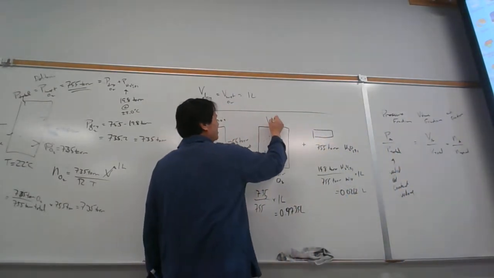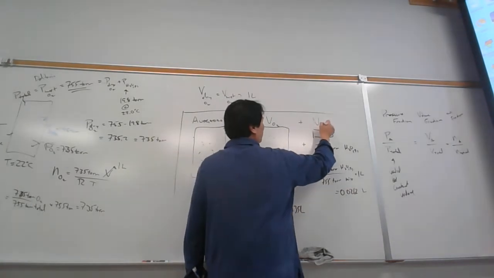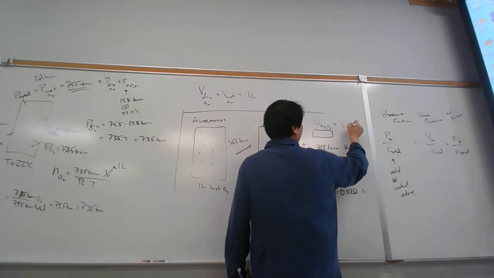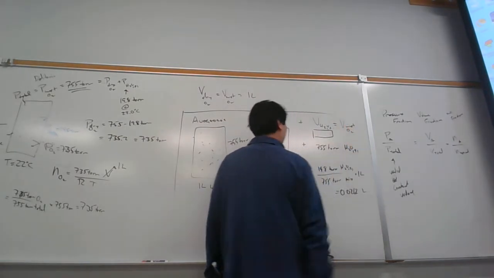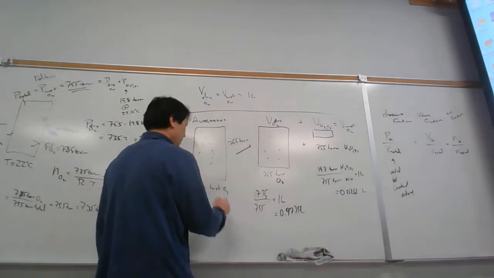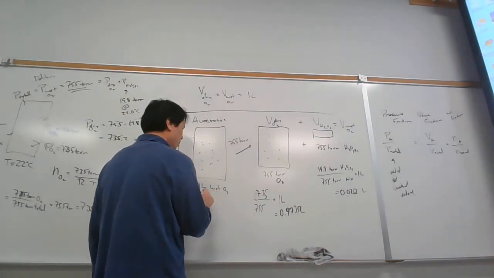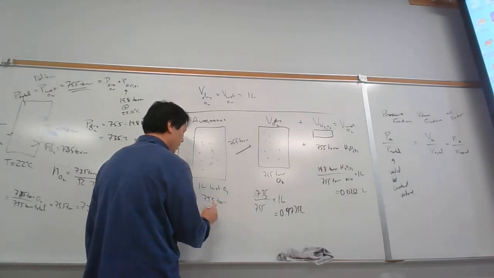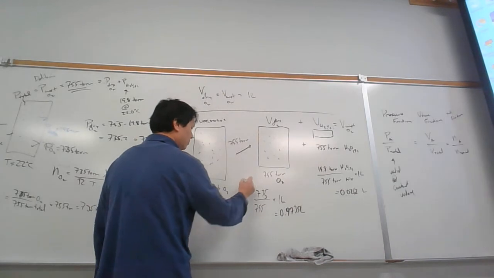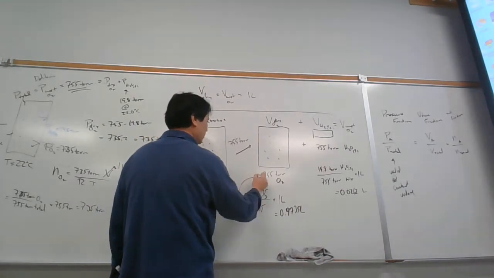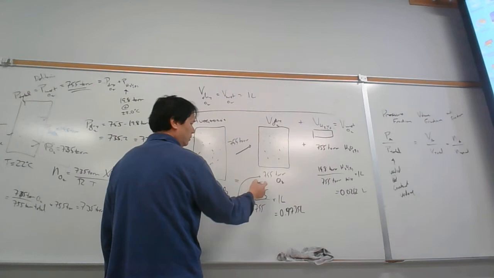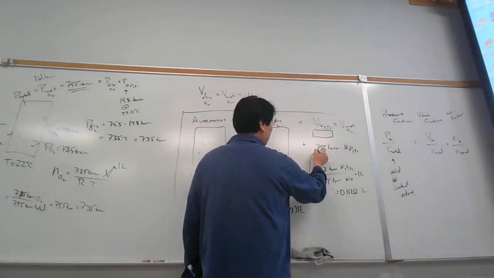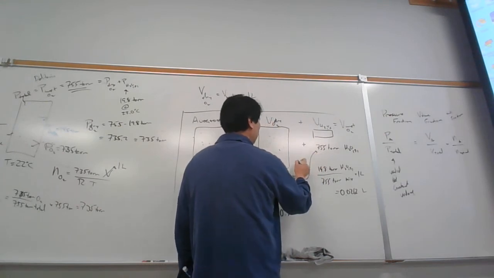And so what I end up with is the volume of oxygen plus the volume of the water vapor, this is the dry oxygen, is equal to the volume of the wet oxygen. And the pressure of the wet oxygen, 755 torr of wet O2, is equal to the pressure of dry O2 plus the pressure of the water vapor.